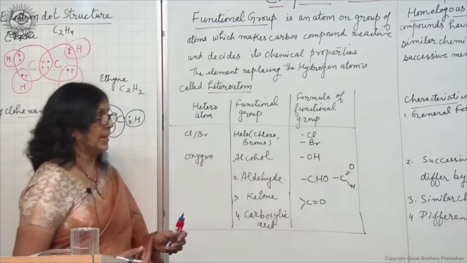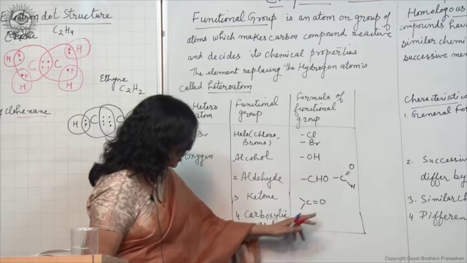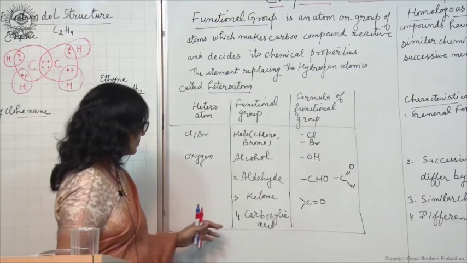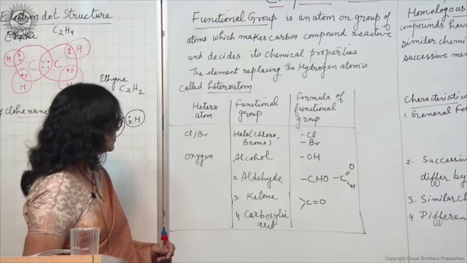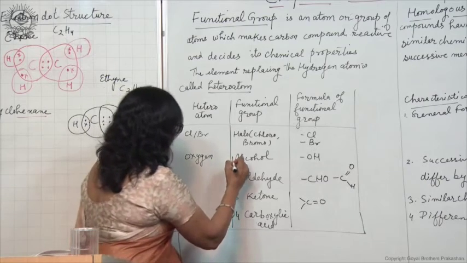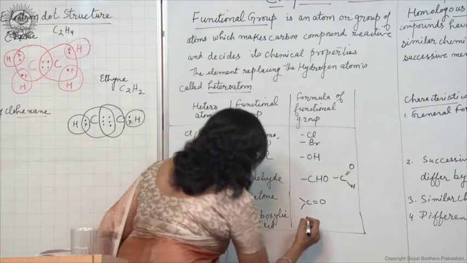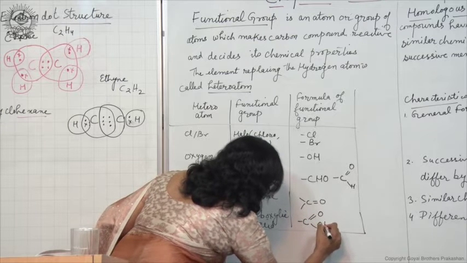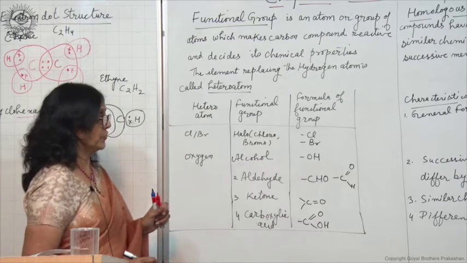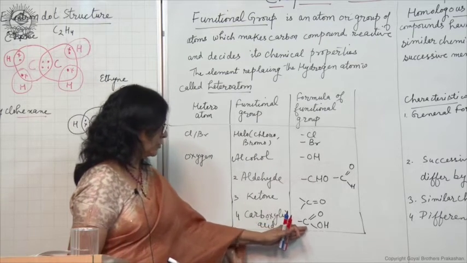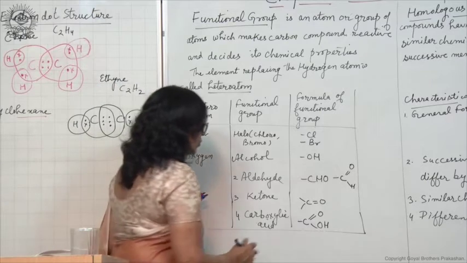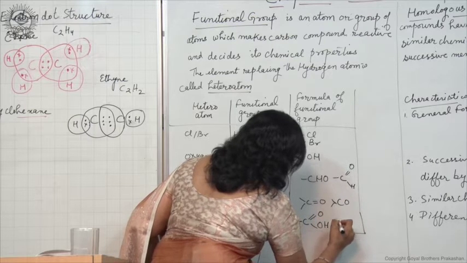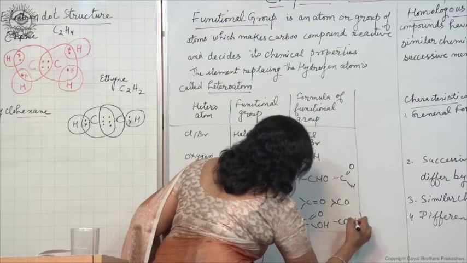Of course, CO also we write, but by this we can clearly show the 4 valencies of carbon getting satisfied. The fourth functional group is carboxylic acid, COOH. We can write like this also, we can write COOH also for the sake of convenience.